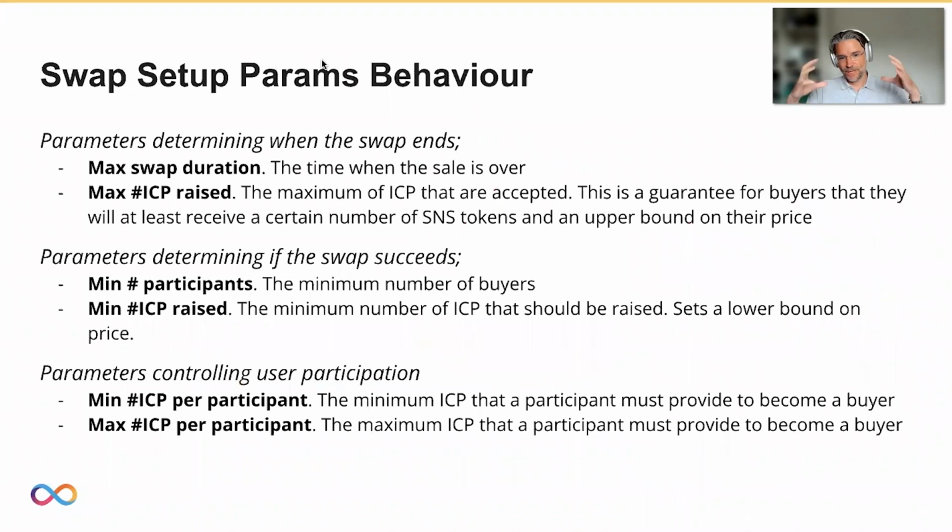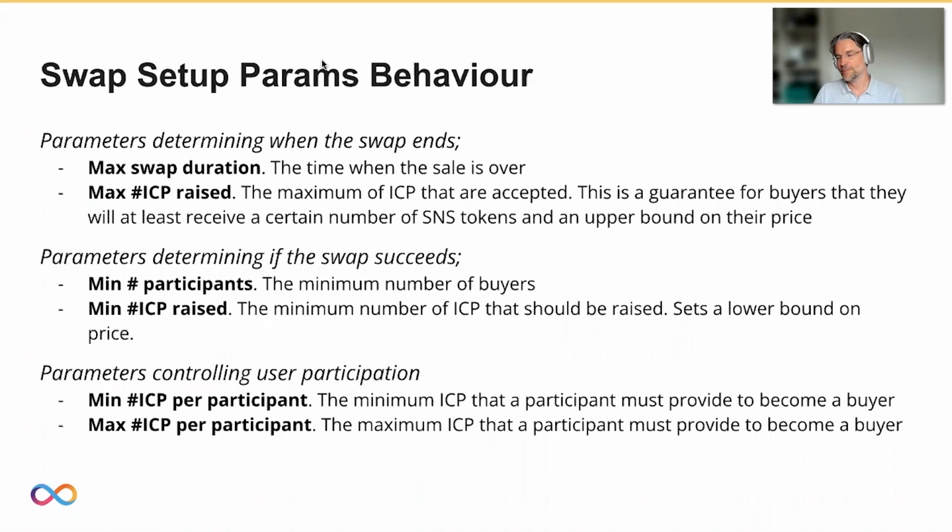So if you look at those parameters, you can break them down into 3 sets of parameters that define different behaviors of the swap. The first set are parameters that basically determine when the swap ends. These are the max duration. Obviously, if you hit the end of the duration, the swap would end.